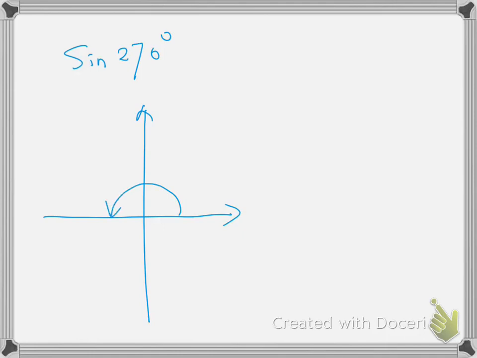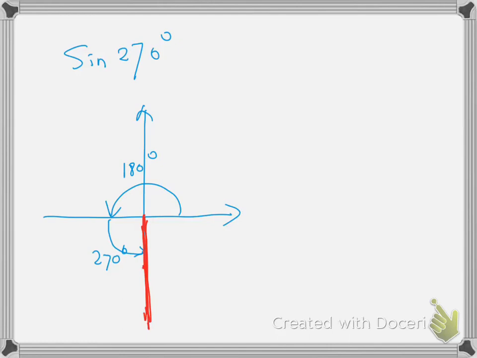Sine of 270. Okay, 270. So this is a special case. Where's 270? So this is 180. And then you rotate another 90, you get 270. Okay, so 270, where's the terminal side? It's the negative y-axis.